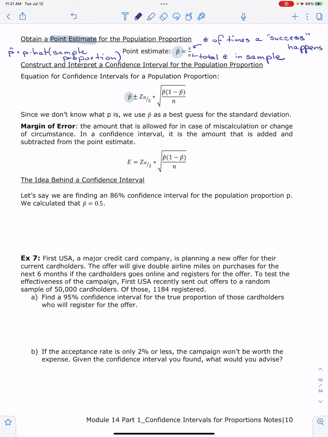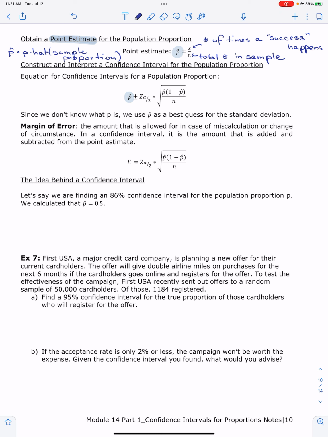Okay, so some of this should look familiar. That square root of p hat times 1 minus p hat all over n, that's how we found the standard deviation for our proportion. We have z of alpha over 2, and this is new notation. We've seen those z-scores. We haven't really seen them with the subscripts, and definitely not alpha over 2.